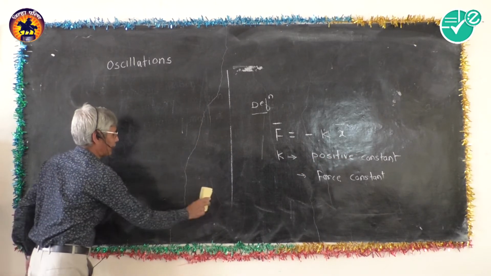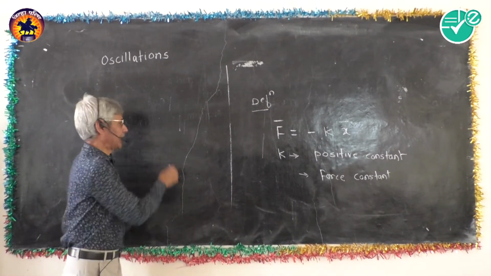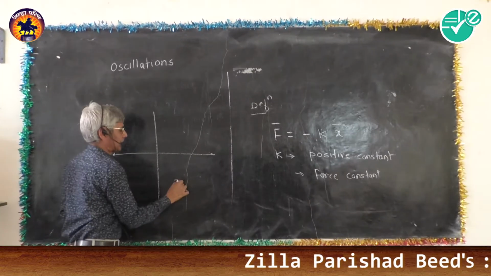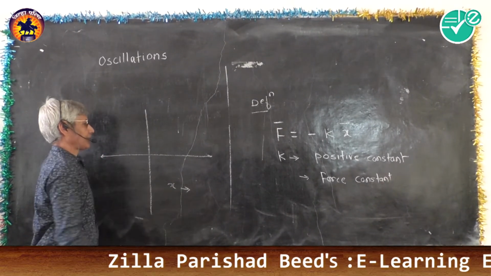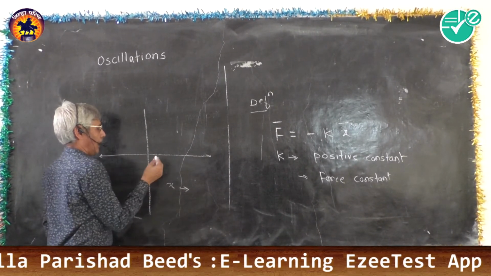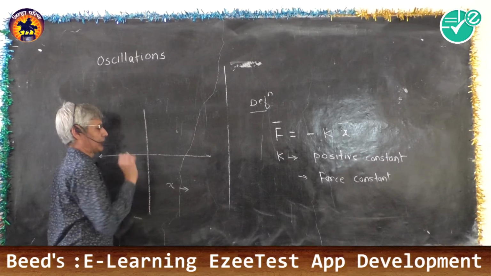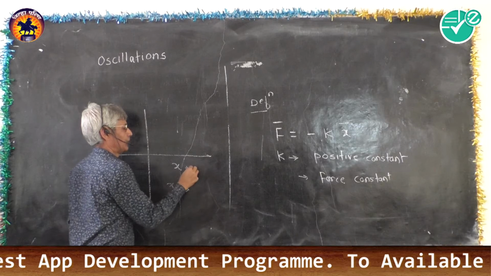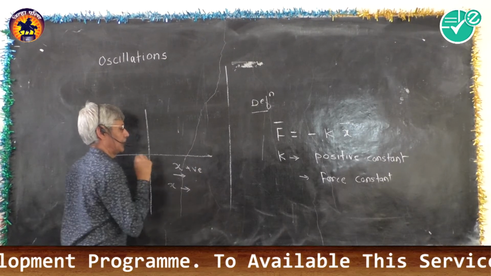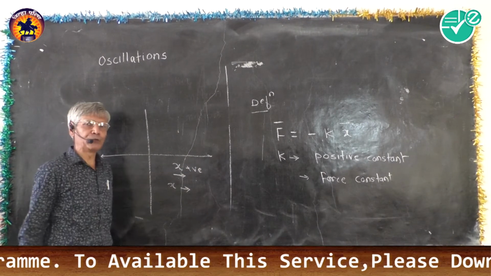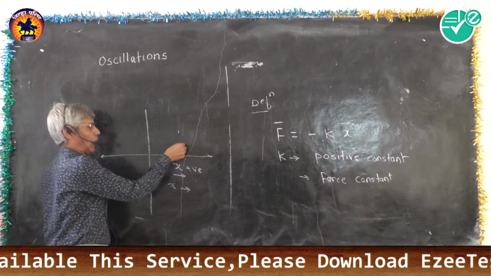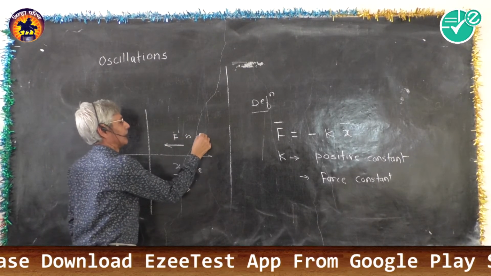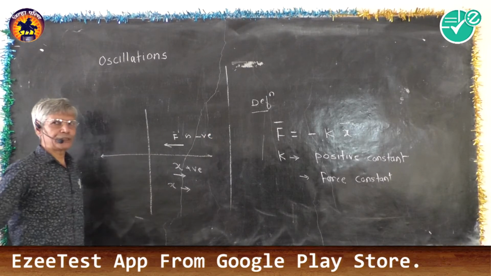If we represent this graphically by taking displacement along x-axis and force is also along x. When the displacement x is positive, that is moving away from the mean position, the restoring force acting on the particle is negative, that is directed towards the mean position.